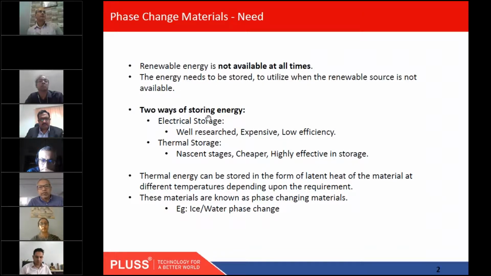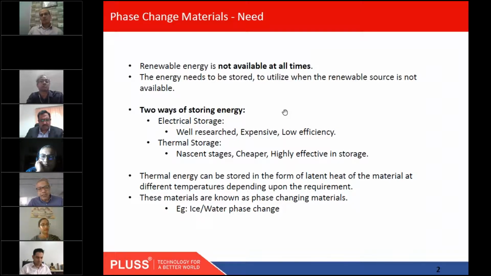We know that renewable energy is not available at all times. If you look at solar, it's there for 6 to 8 hours a day. What do we do beyond that? That's when these materials come into play. You can store heat during the daytime and use the heat at night. Electrical storage is the most common thing that everyone talks about, storing energy in lead acid batteries, lithium ion batteries.